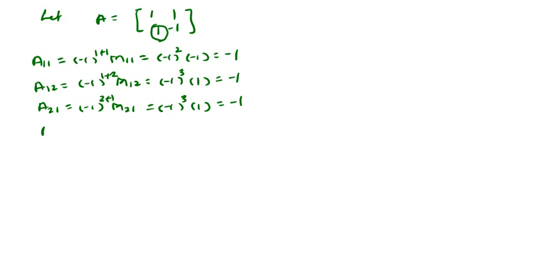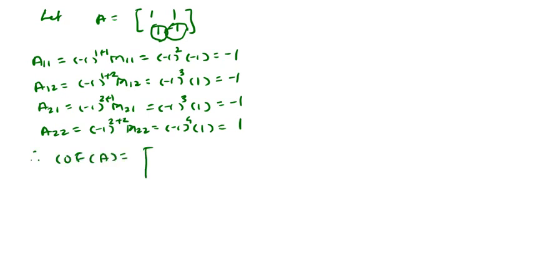And finally we can find A22, which is (-1) raised to 2 plus 2 into M22, so (-1) raised to 4 into M22, the minor of this element, 1. So this will be again 1. Therefore we got the cofactor matrix of A as -1, -1, -1 and 1.